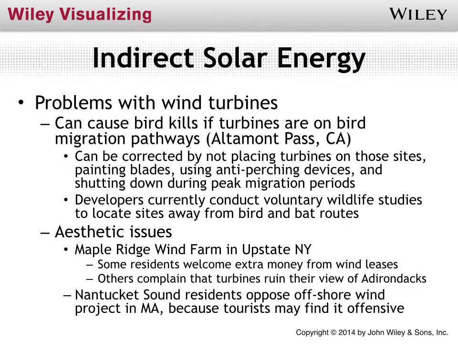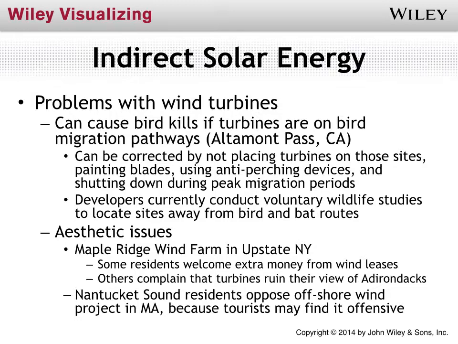Of course, there are real and perceived problems with wind turbines. There's a lot of research constantly going on regarding the effect of these turbines on killing birds, especially when they're in the migrational pathways of birds.